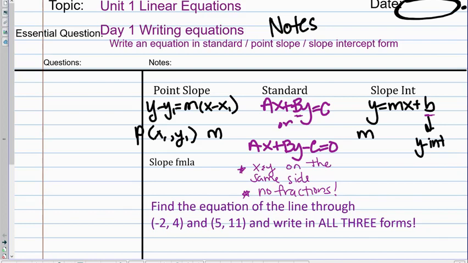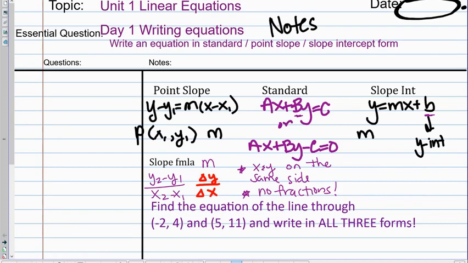And then the slope formula, remember this is that letter m, is y2 minus y1 divided by x2 minus x1. You might also see it as the change in y over the change in x, and that little triangle means change or delta.